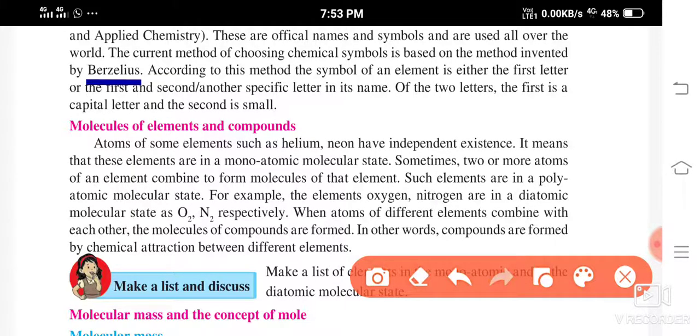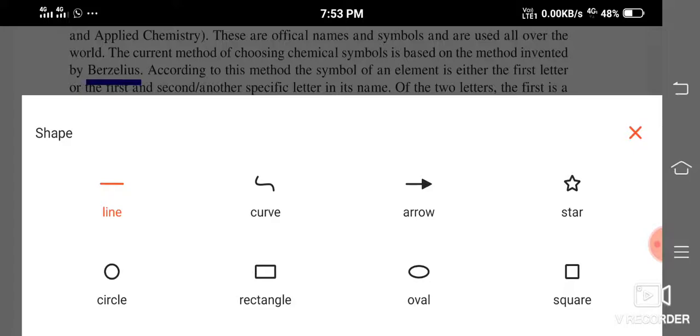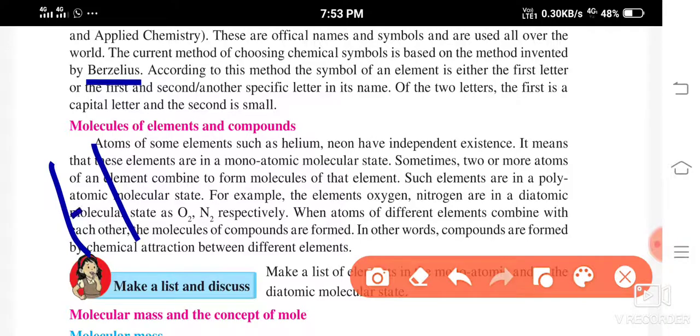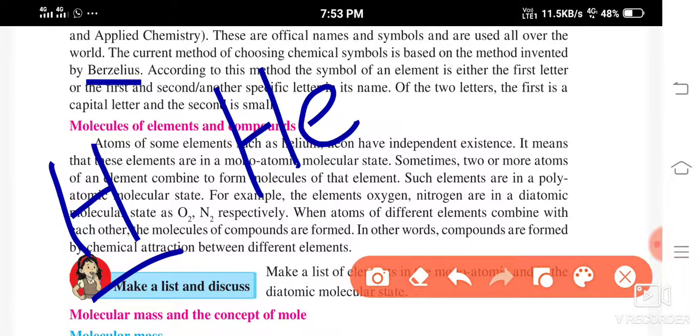Of the two letters, the first is a capital letter and the second is small, isn't it? Now, for example, hydrogen is denoted by H, right? This is the first letter of hydrogen. Now if you take helium, it is denoted by the first and the second letter, that is He. The first letter is capital and the second letter is small.